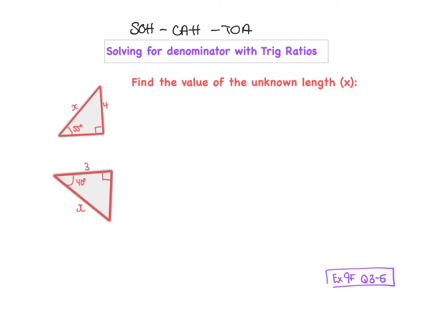So when we get asked to find the value of an unknown length, so we can see here that we have an angle. When we've got an angle, and we've also got a right angle triangle, that means we're probably going to be using the SOHCAHTOA rules, okay? And so we're off to do that. So when we're going to use those trig ratios, the first step we were told to do was to label the triangle.